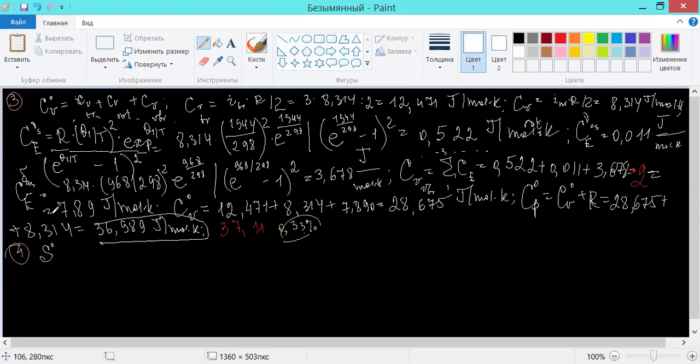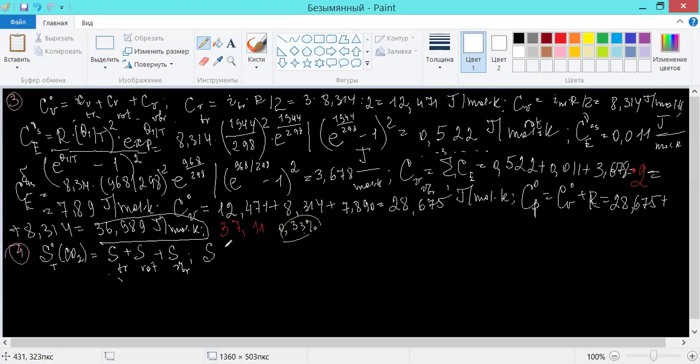What I mean is that the entropy of CO2 at temperature T and pressure 1 is equal to the entropy of the translation motion plus the entropy of rotary motion plus the entropy of vibration, and each is going to be calculated separately. So first of all, let's start from the first component.